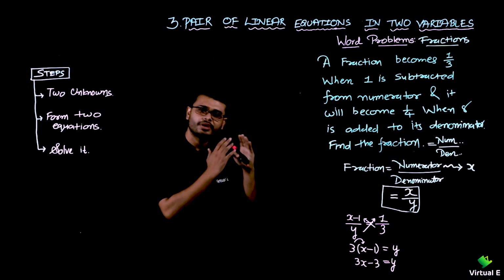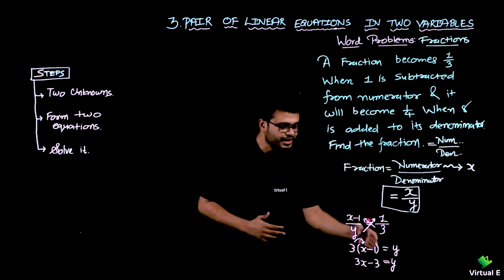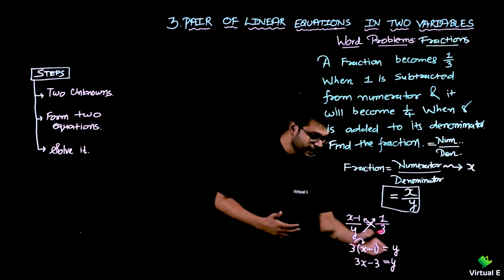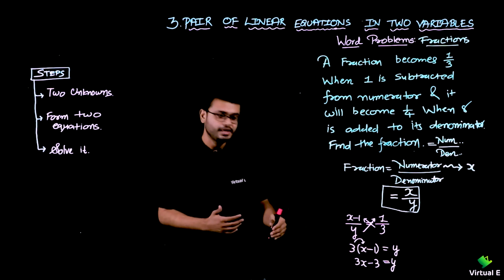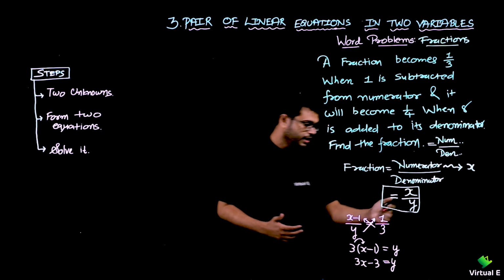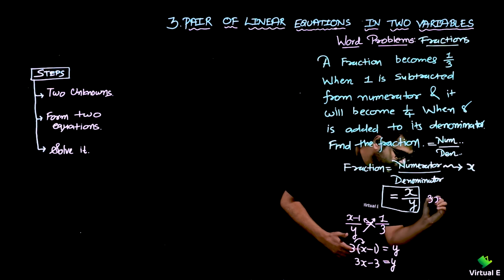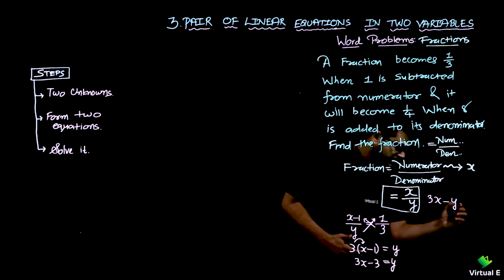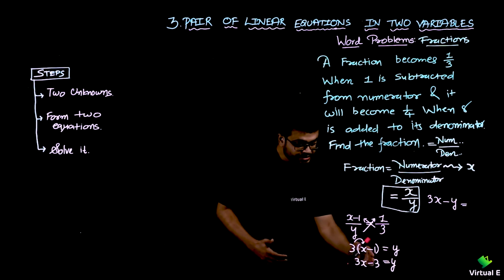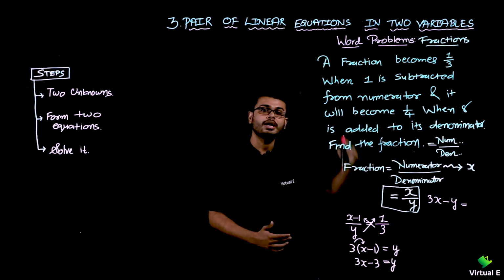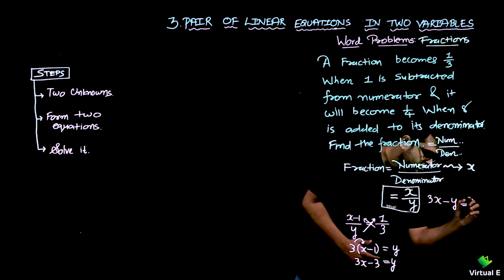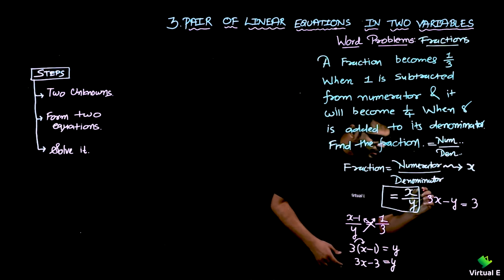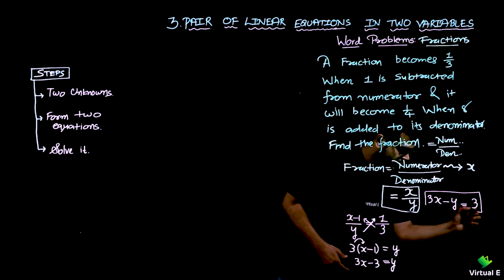It is easy to read the equation. If y is on the other side, you may get confused. So I'm going to shift y over here. It will become 3x minus y is equal to, shifting the 3 to the constant on the RHS, it was negative 3 and now it is positive 3. So this is my first equation.